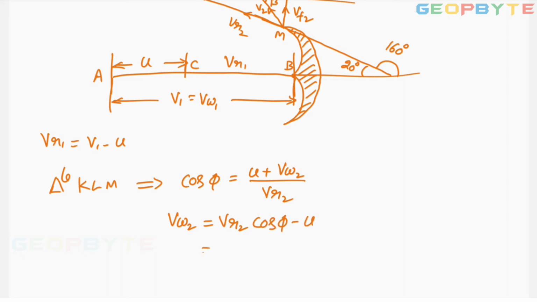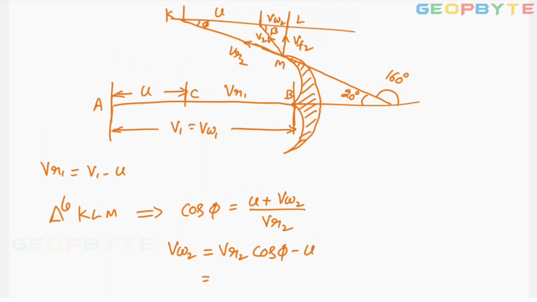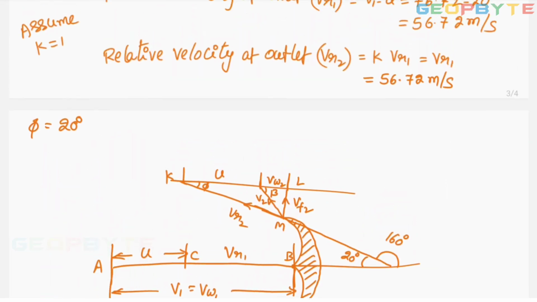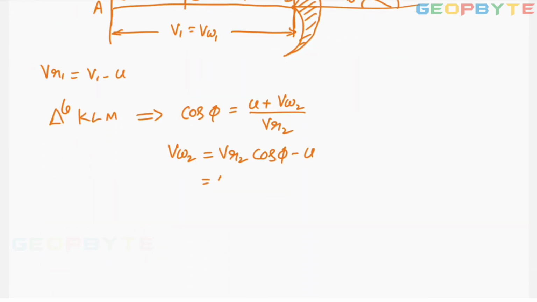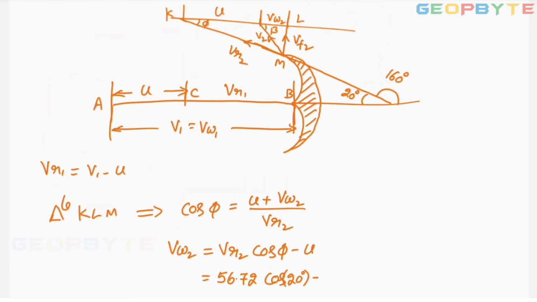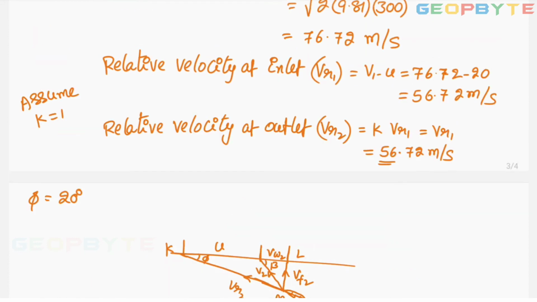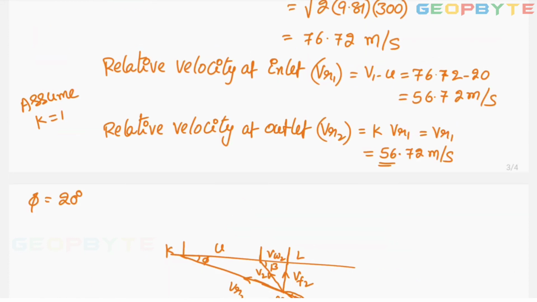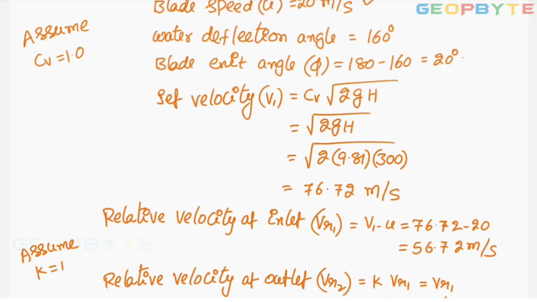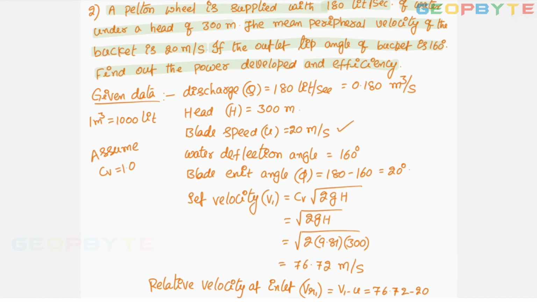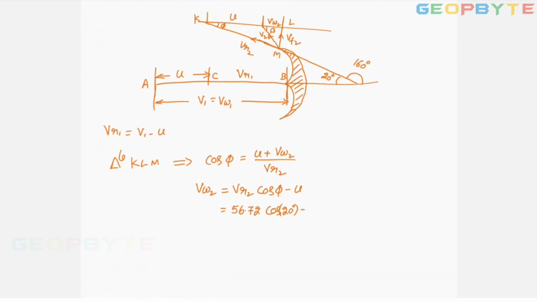Here VR2 equal to VR1, that VR1 equal to 56.72. 56.72 into cos 20 minus U. The blade speed given is 20 meter per second, minus 20.